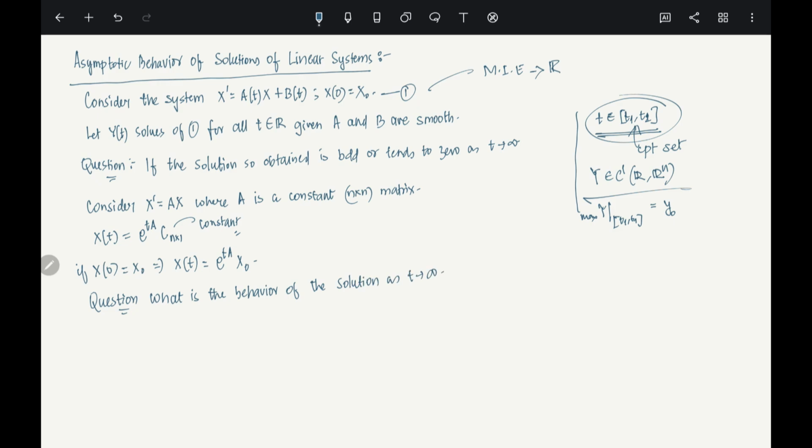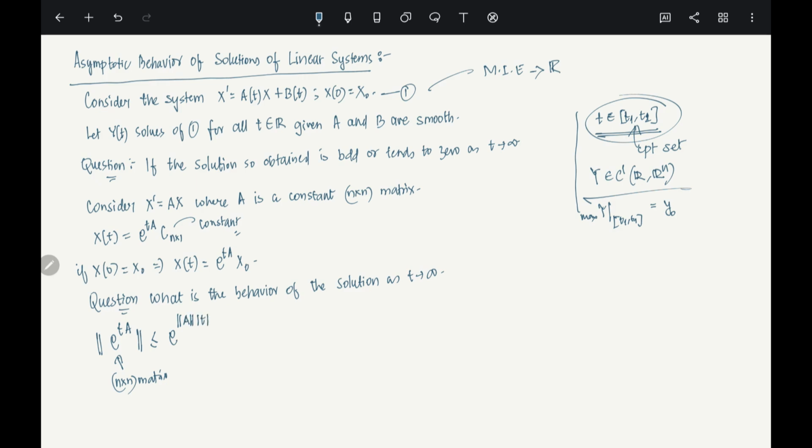Okay, so what is it? First of all, let's understand e^{tA}. This is an n cross n matrix, dependent on t of course, but for a fixed t it's an n cross n matrix. Now let's look at the norm of e^{tA}. If you remember, it is always dominated by e^{norm of A times mod t}.